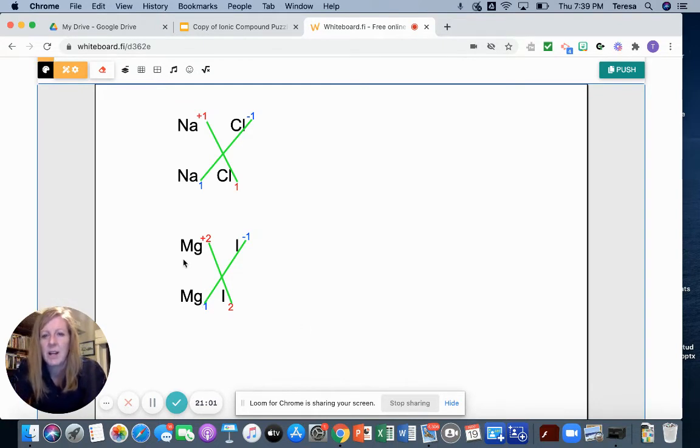So I have a magnesium +2 ion combining with an iodine -1 ion. In order to balance the positive and negative charges, I have to have 2 iodine atoms combining with 1 magnesium atom in order to make a neutral ionic compound.